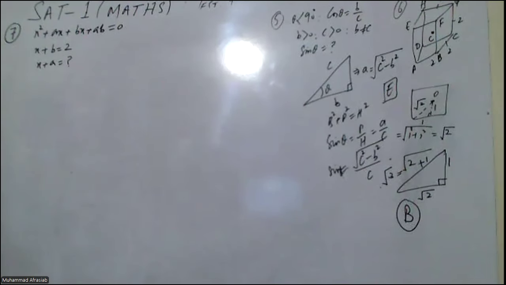X square plus ax plus bx plus ab is equal to 0, x plus b is equal to 2, and x plus a is to be found.